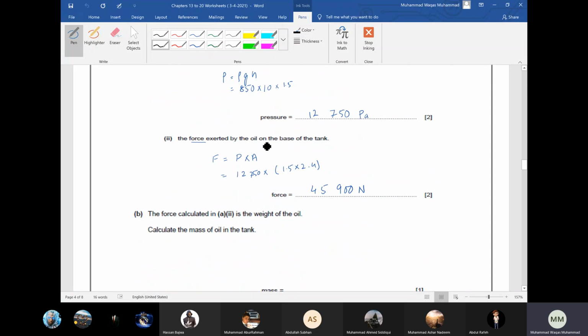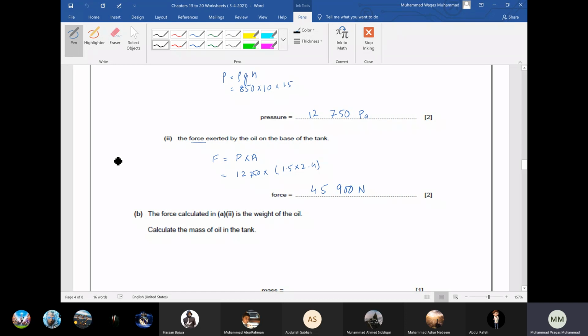Now the force exerted by the oil on the base of the tank. Now beta, we know what pressure the oil exerts on the base, so we can find the pressure force. With this formula, force is equal to pressure times area, right?